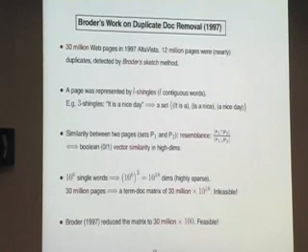Once you parse the data, the similarity between two pages becomes a similarity between two sets. They use the resemblance, which is the size of the intersection over the size of the union, a perfectly reasonable measure of similarity.